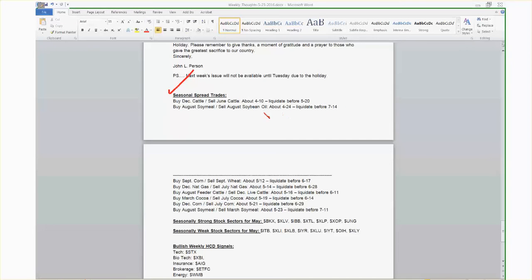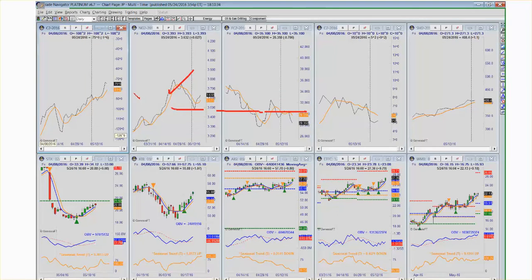What we put out are these spread trades, when you get in, and what they mean, and to be honest with you, they are pretty dynamic. I mean, end of story. The hash mark here, by the way, is the date of entry. So in this spread, you want to be long the spread.